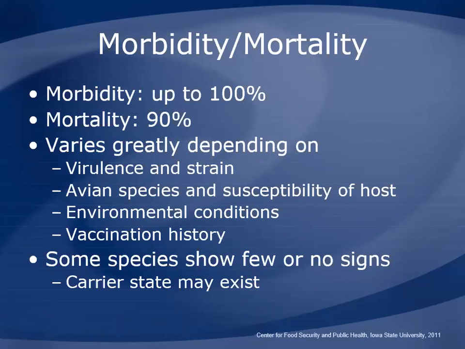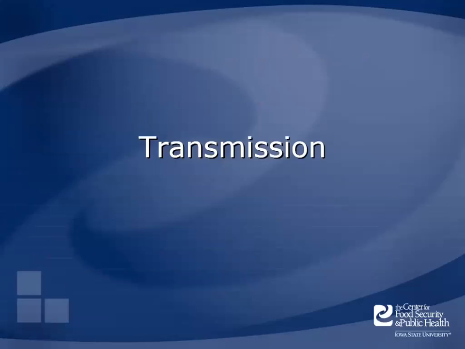It depends on virulence of the strain, avian species, and how susceptible the host is, the environmental conditions, if these are conducive for the growth of this virus, and vaccination history. There are some species which show few or no signs of this disease, but definitely they can act as carriers.